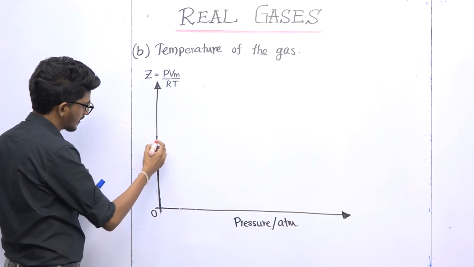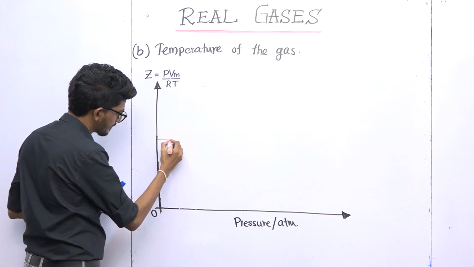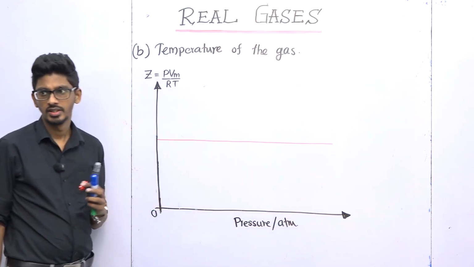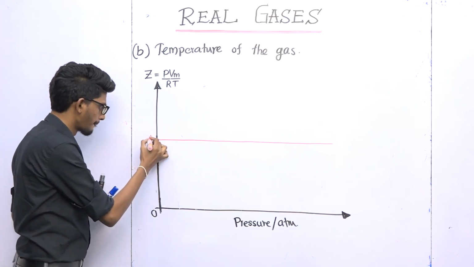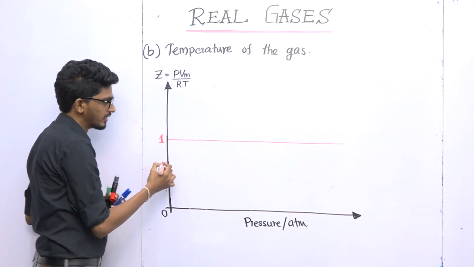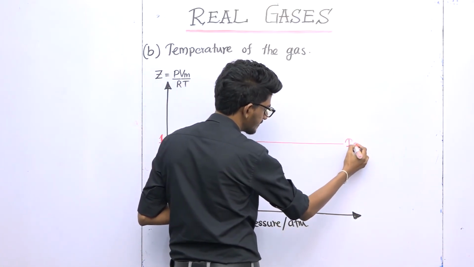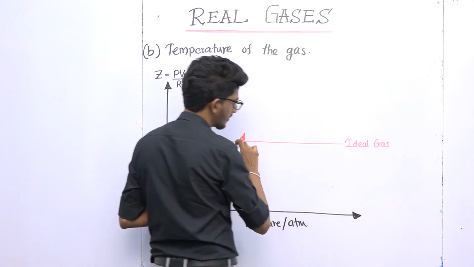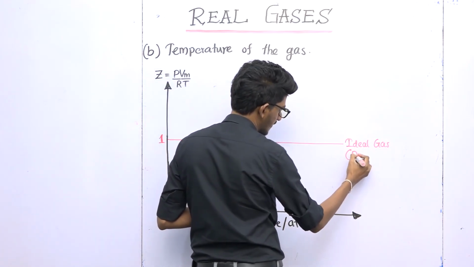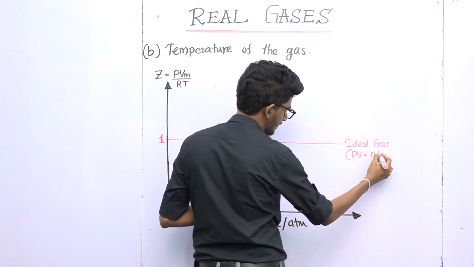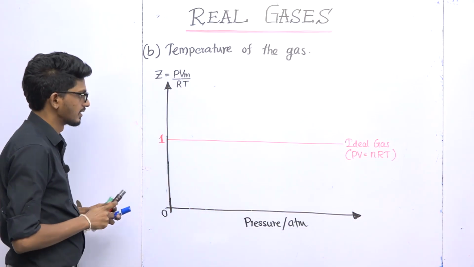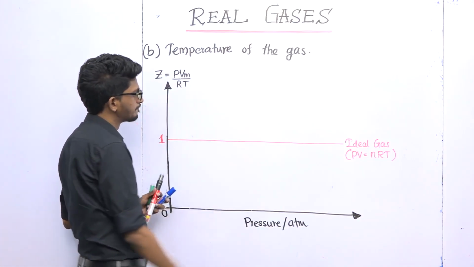So this is going to be Z equals one line. That is your ideal gas, right? And any point on this line is actually following P equals nRT.